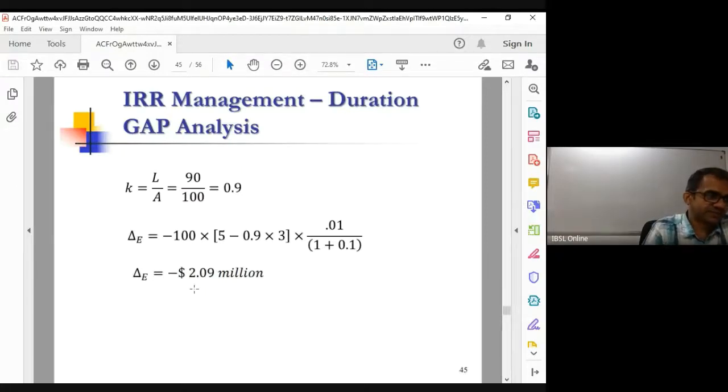If this gives you a more than 10 million figure, what does it mean? If the loss or the change in equity value is, say, minus 12 million, what does it mean? If interest rate increases by 1%, you have negative equity. That means you cannot run the business. You are insolvent. You cannot survive. So you have to take action immediately. Need immediate action to correct your position.